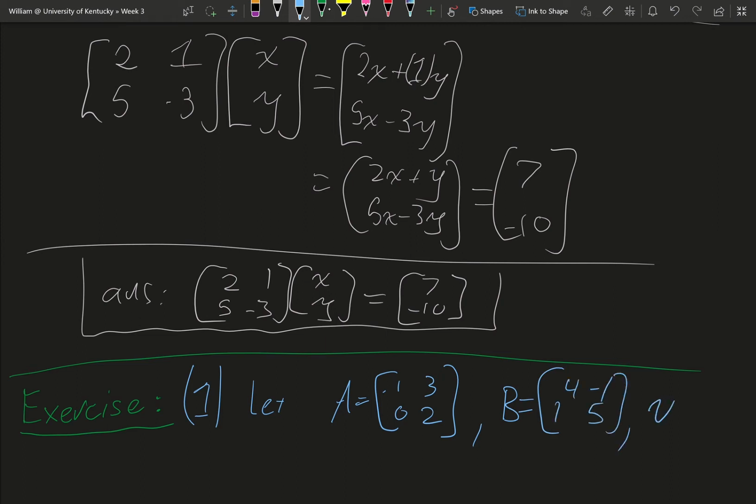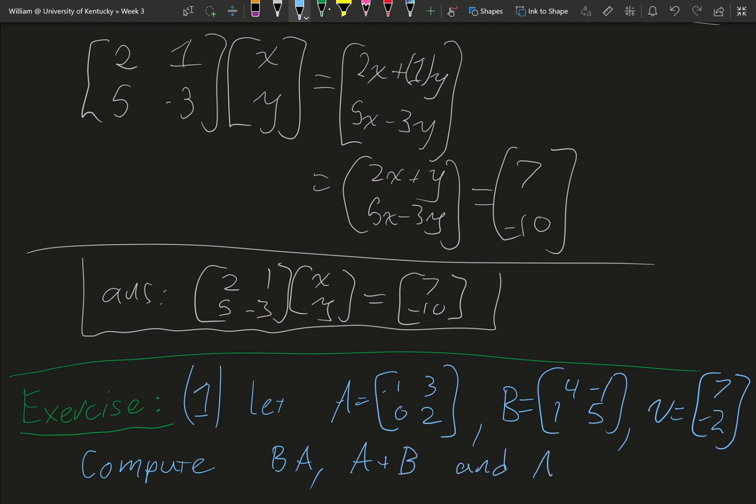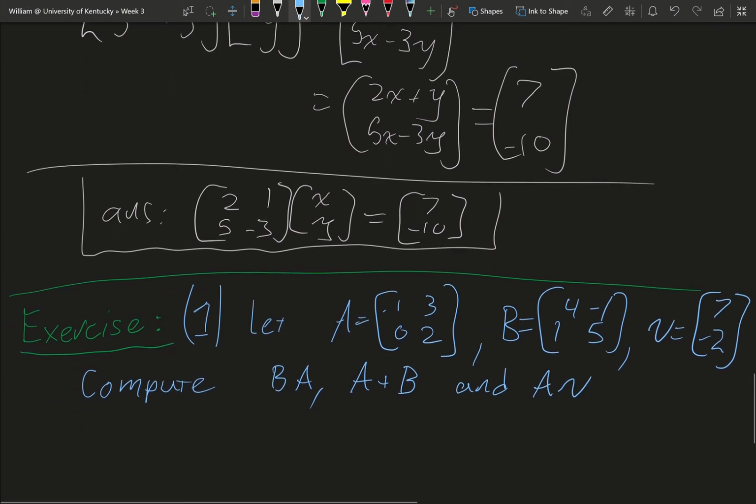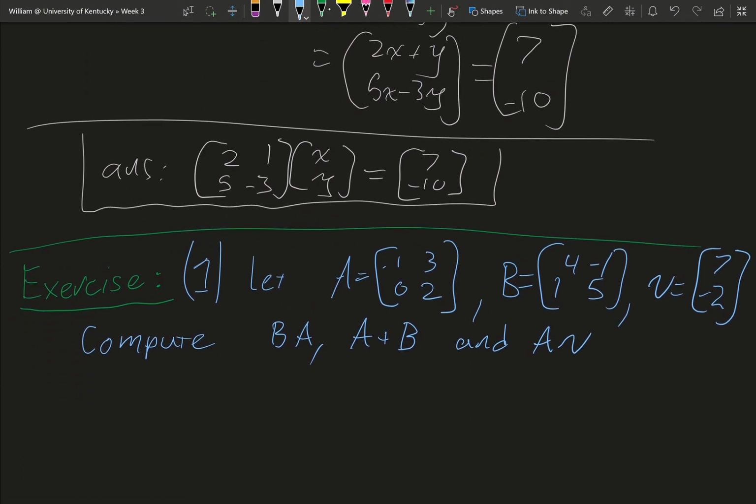And V is going to be the matrix [7, -2]. So just compute this. Get a little bit comfortable with the matrix multiplication stuff.